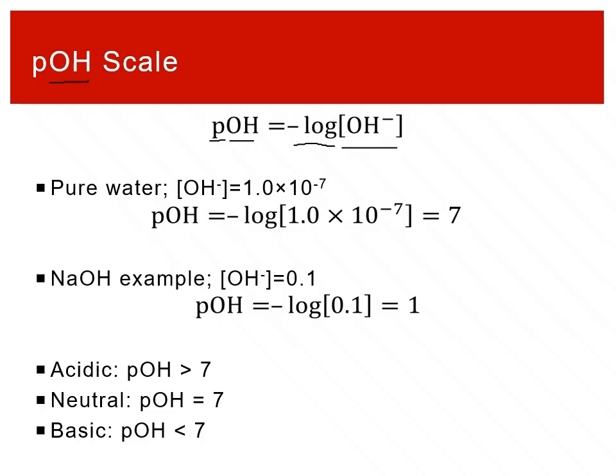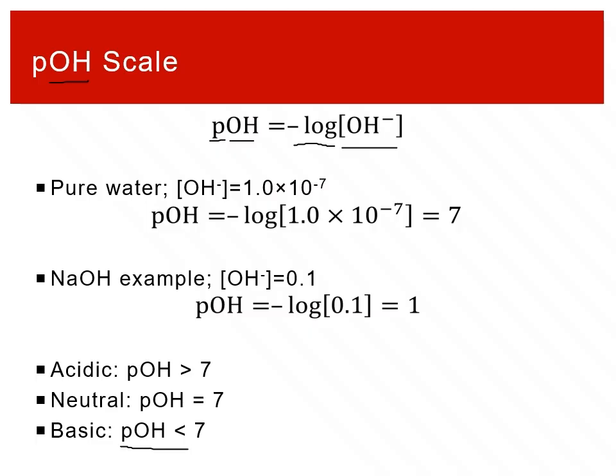Instead of asking how acidic is the solution, you're asking how basic is the solution. So for pure water, the pOH is 7, just like it is for pH. But now if you're looking at, say, our hydroxide example, where the concentration was 0.1, you got a pOH of 1. So the difference between pH and pOH is just swapped.